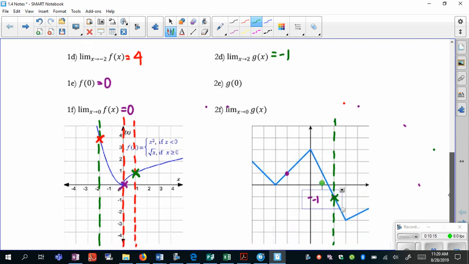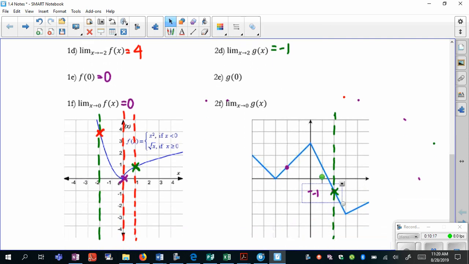And then g of 0, so I go to my x value of 0, and when I'm at an x value of 0, the y value is not 0. The y value is up here at 3. So that's going to be 3. So equals 3.